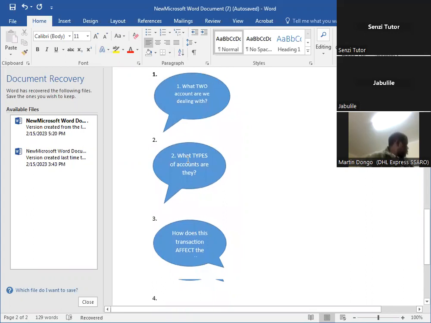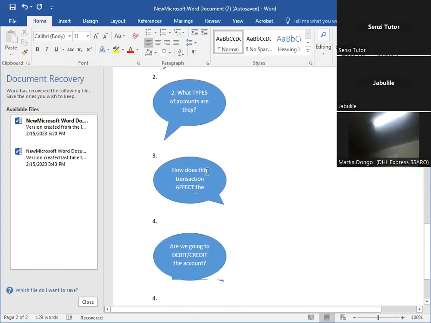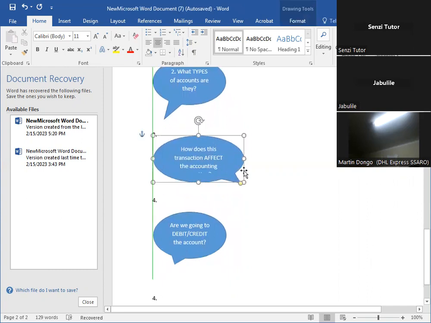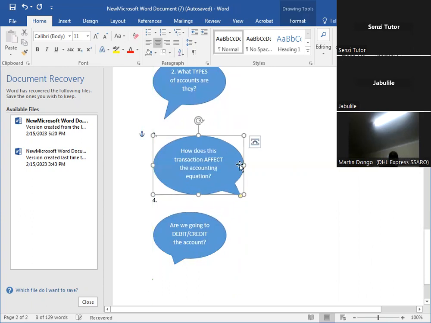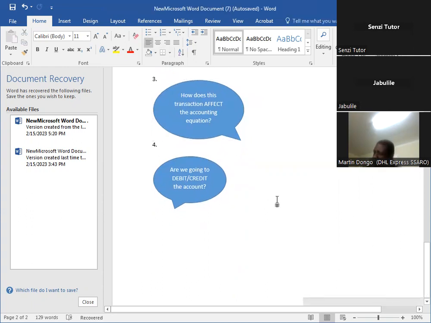Secondly, what types of accounts are they? Thirdly, how does this transaction affect the accounting equation? Yes, I'm very sorry about that one. The last one: are we going to debit or credit the accounts? These 4 questions we need to ask ourselves before we record those transactions.